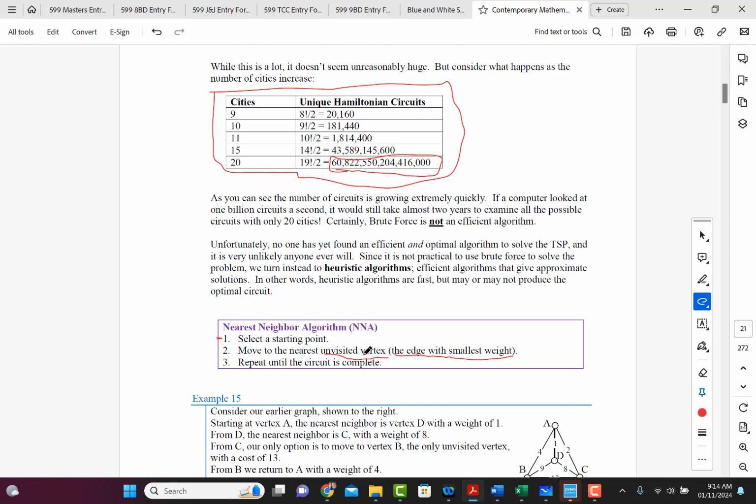It could be the nearest location if we're talking about geographical, but it could be a cost, right? So we move to the nearest unvisited vertex by looking at the weight of each edge. And then finally, step 3, we repeat this process until the circuit is complete. Okay, so this is what we do for the nearest neighbor algorithm.